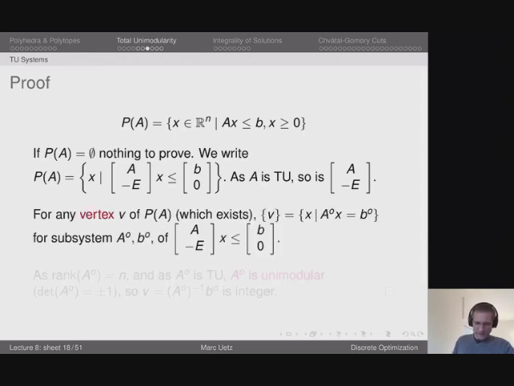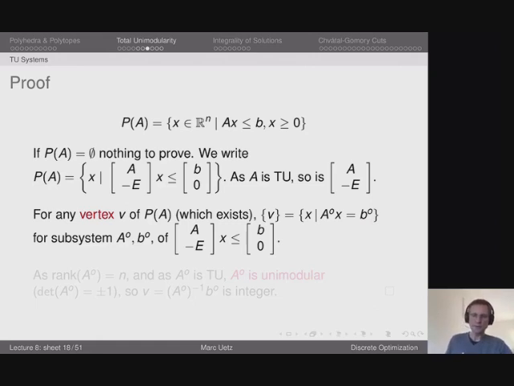And now we consider any vertex of this polyhedron. Such a vertex must exist because we have a polyhedron with non-negativity constraints, and that is pointed, hence it contains a vertex. So we know that any vertex v will be obtained by taking a subsystem of this linear system with equality, and we also know that the rank of this subsystem should be n, the dimension.